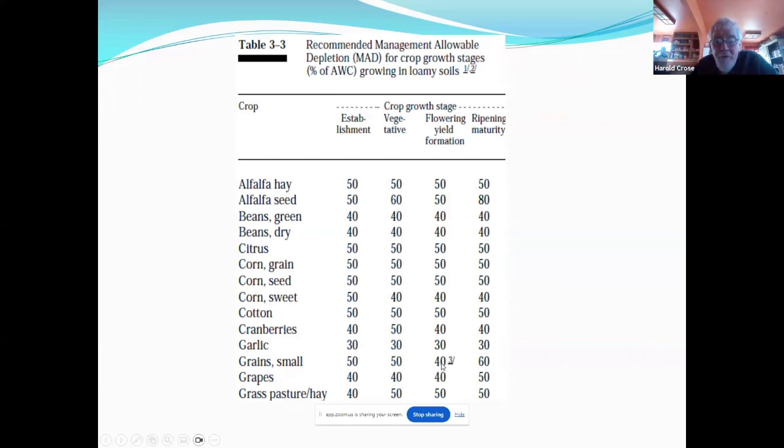And when it gets down to 40%, you're designing the system to meet the peak consumptive use for the crop you're growing. So you would be pulling this table and be looking at garlic at 30%, dry beans at 40%. So it just kind of gives you an indication of what those maximum allowed depletion levels would be for a specific crop in order to manage that water and design your system.